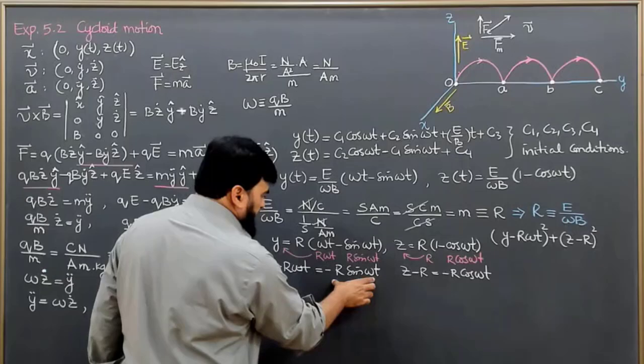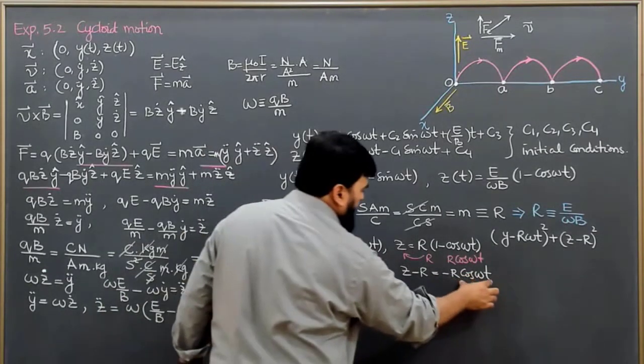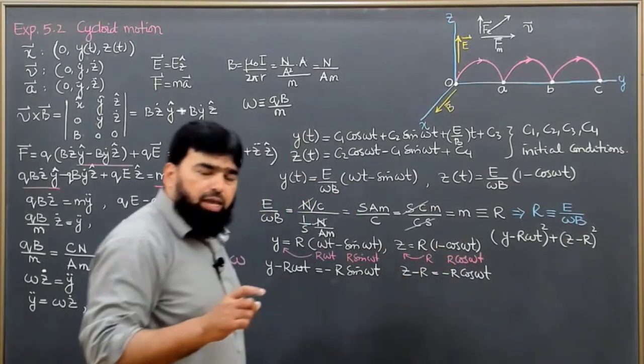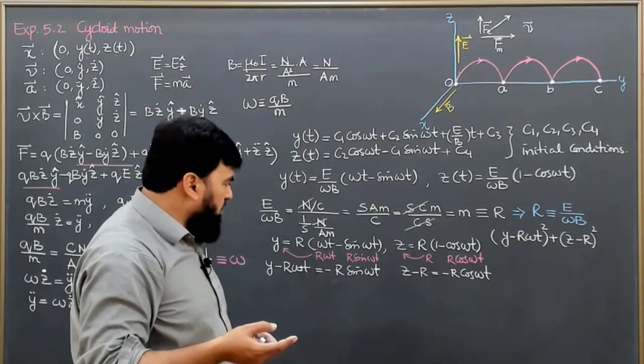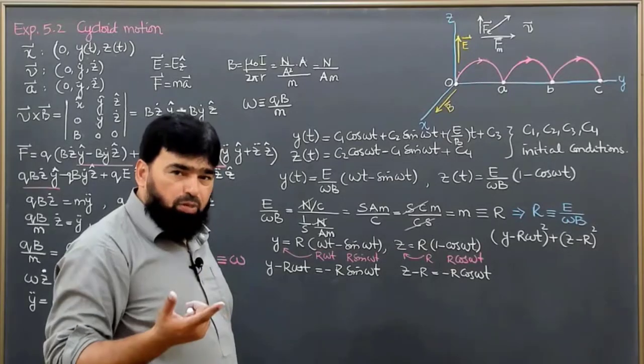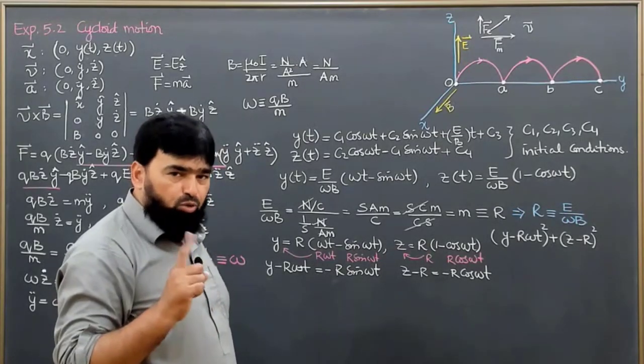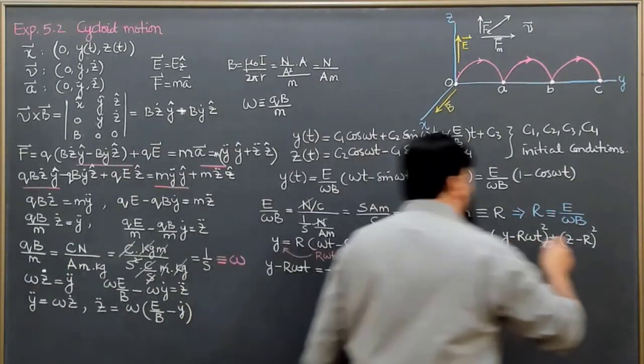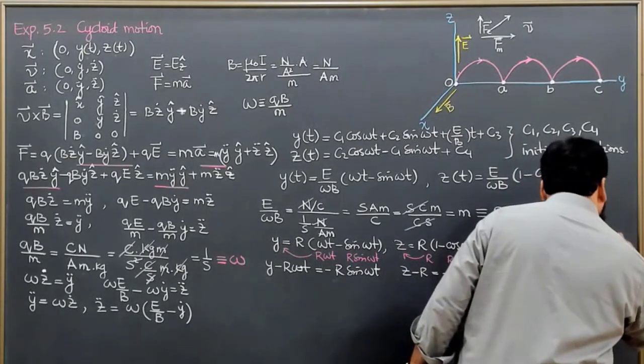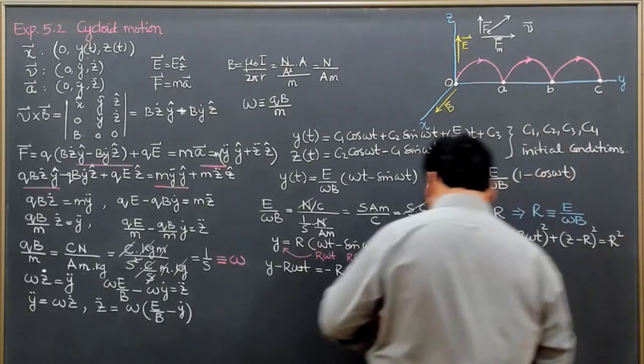On this side it will become r square sine square omega t plus r square cos square omega t, and if I take r square common, then sine square omega t plus cos square omega t gives me 1. So this is equal to r squared.